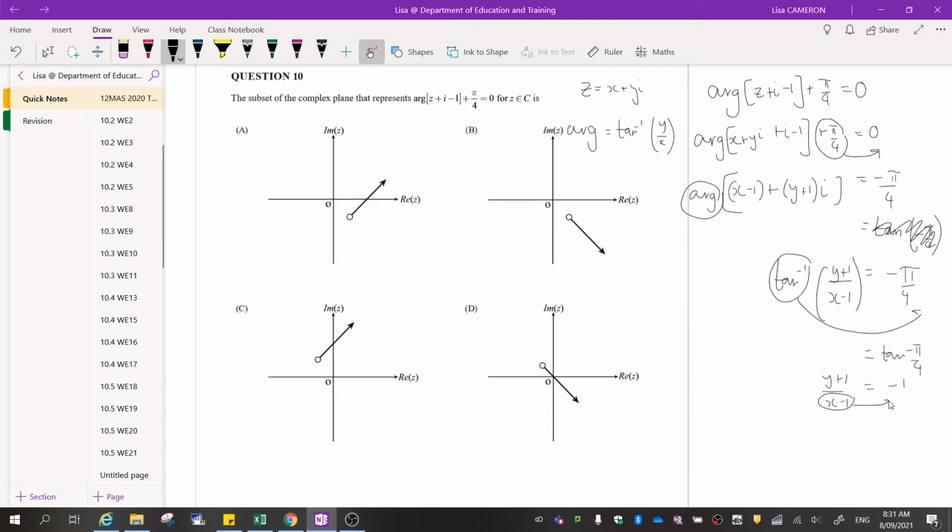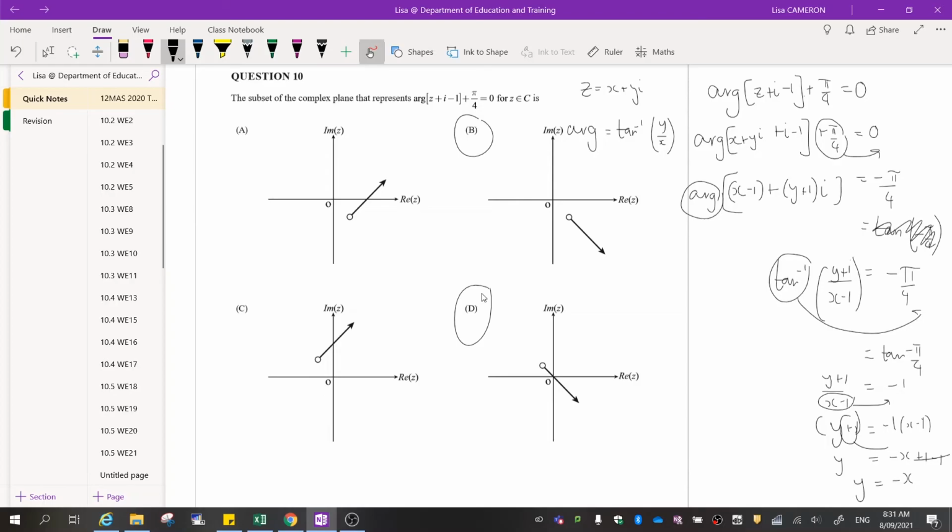Now I can take this to the other side, so it'll become -1, x minus 1, bracket, y plus 1. Okay, and now I'm going to expand this, minus x plus 1, and I'm going to take that 1 from here to the other side, which will change it into -1. So they'll cancel out, and I'm left with y equals minus x. So that means I'm looking for something with a negative gradient. So it could be B or it could be D.